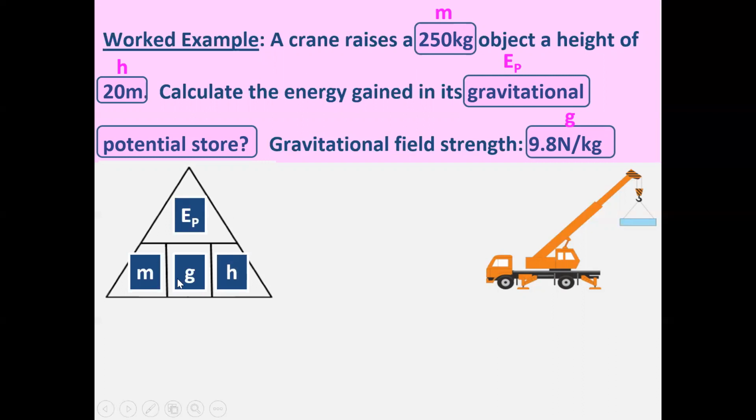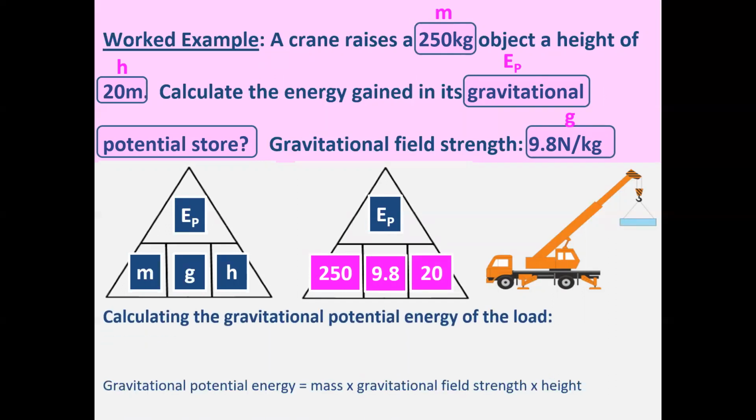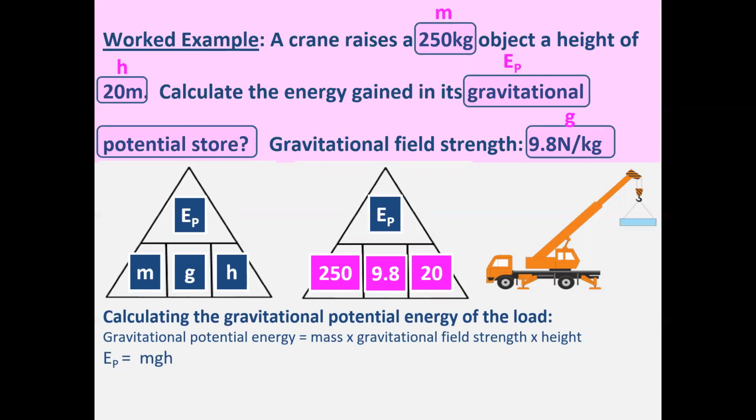Substitute these quantity symbols for the values being given, and you should get 250 kilograms multiplied by 9.8 newtons per kilogram multiplied by 20 meters would give you the gravitational potential energy store. And the answer for that particular question would be 49,000 joules. Or if you wanted to convert that to kilojoules, you would divide by 1,000, and that would be 49 kilojoules.